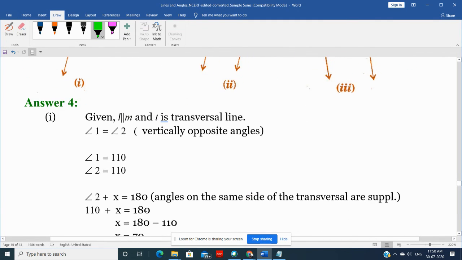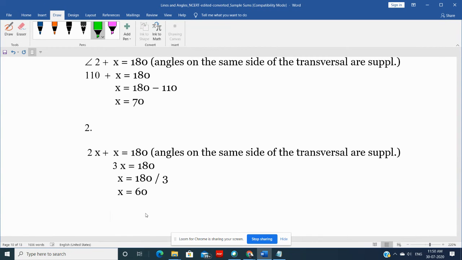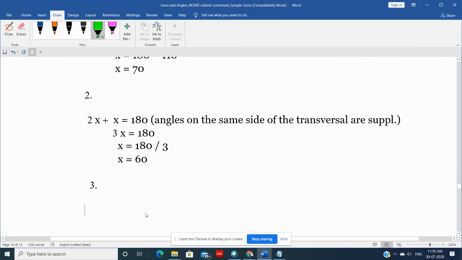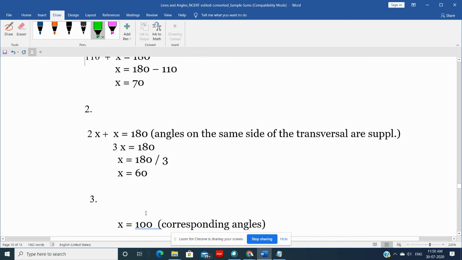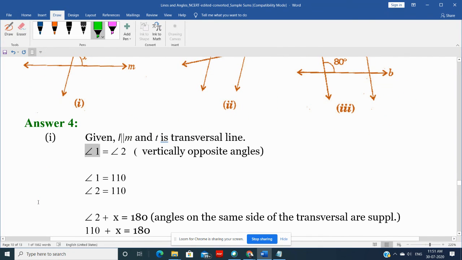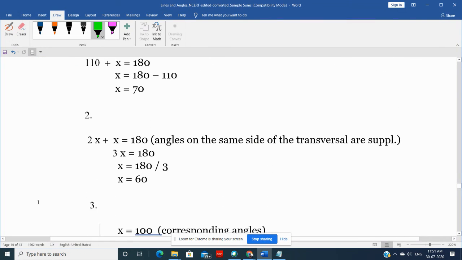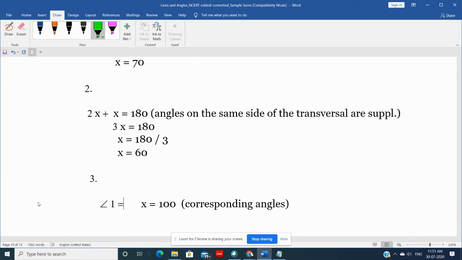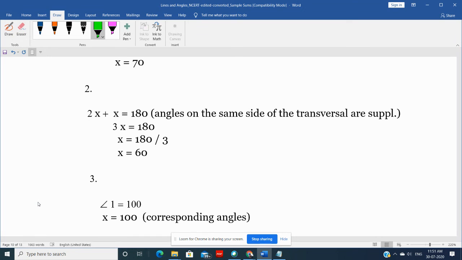So let's write. Our third question: x is equal to 100.